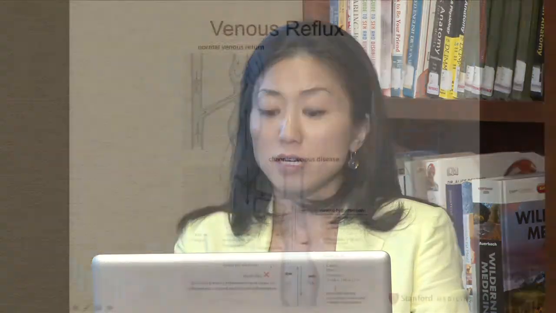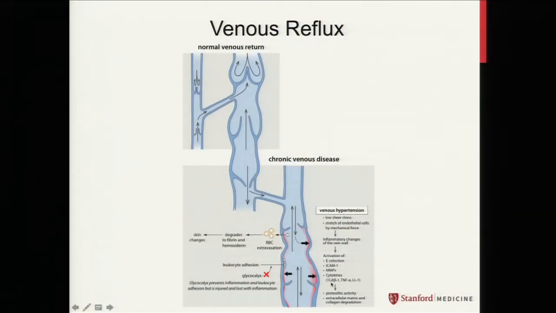And when that happens, you start to get some inflammation occurring in the vein walls, and that activates some of the inflammatory cytokines, which degrade some of the collagen and the extracellular matrix supporting the vein walls, making the venous walls dilate even further.